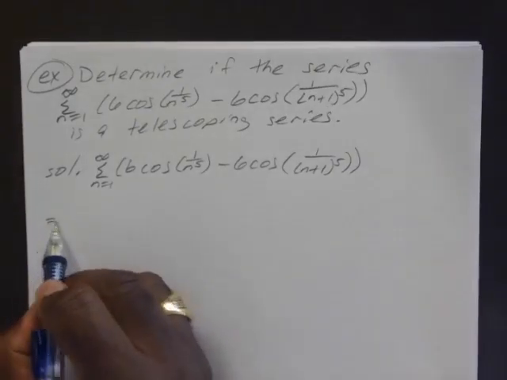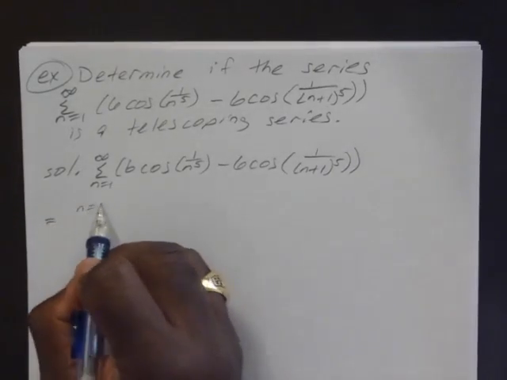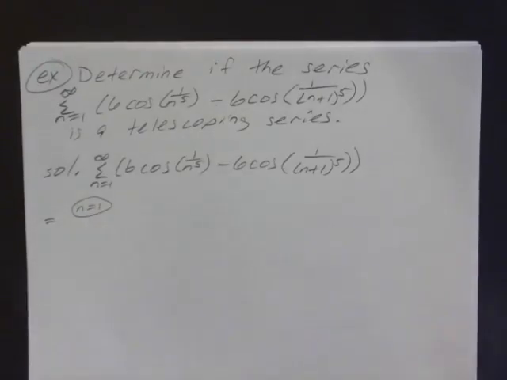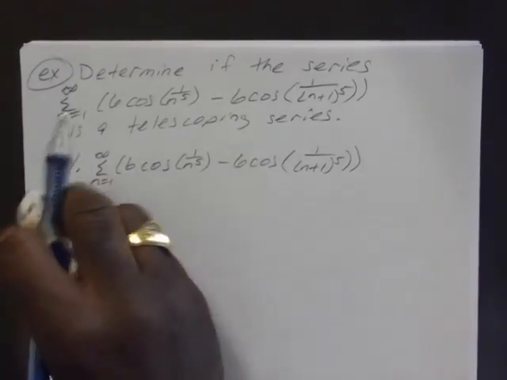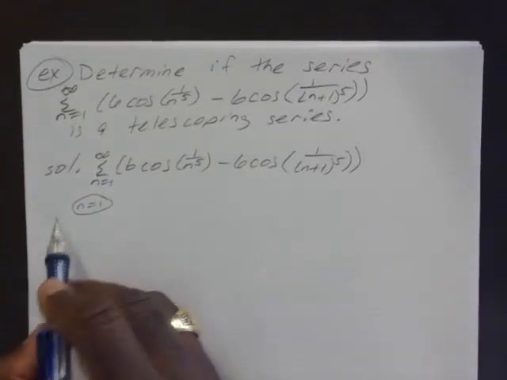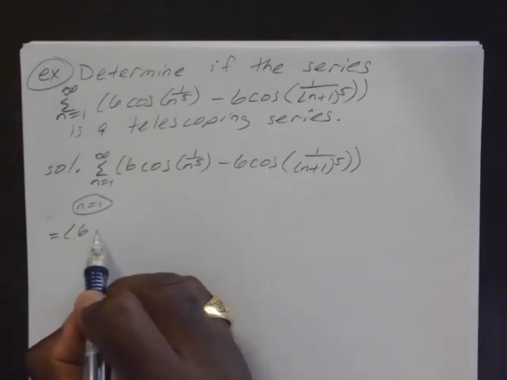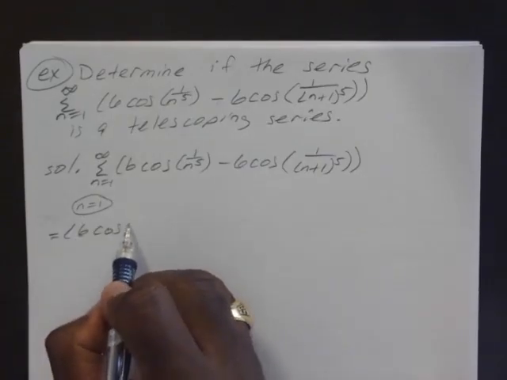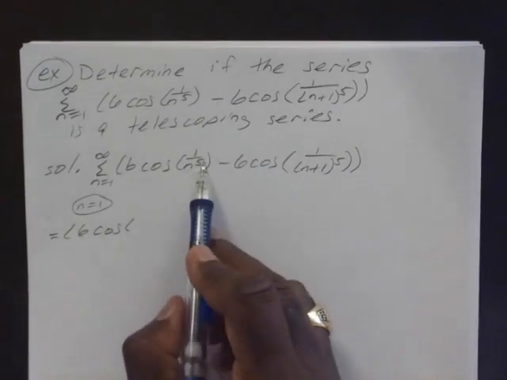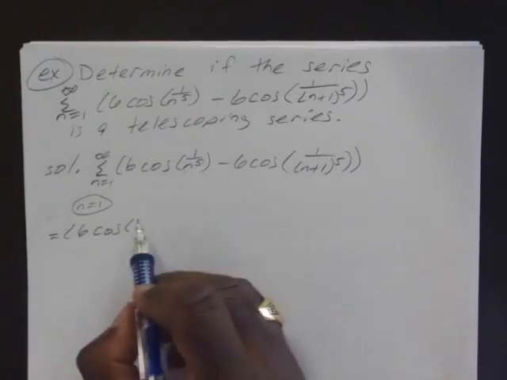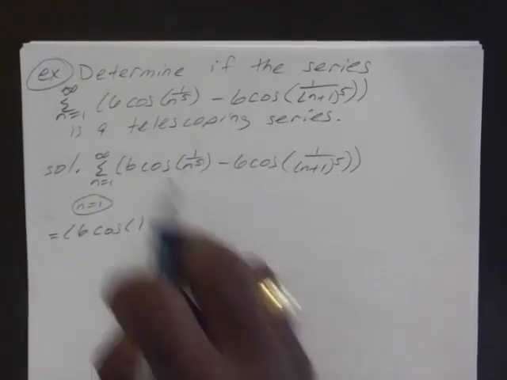So we know that this is equal to, when we make n equal 1, we know that's going to equal 6 times cosine of 1 over 1 to the 5th power, which is just 1, so we can just leave it as 1 to the 5th power.